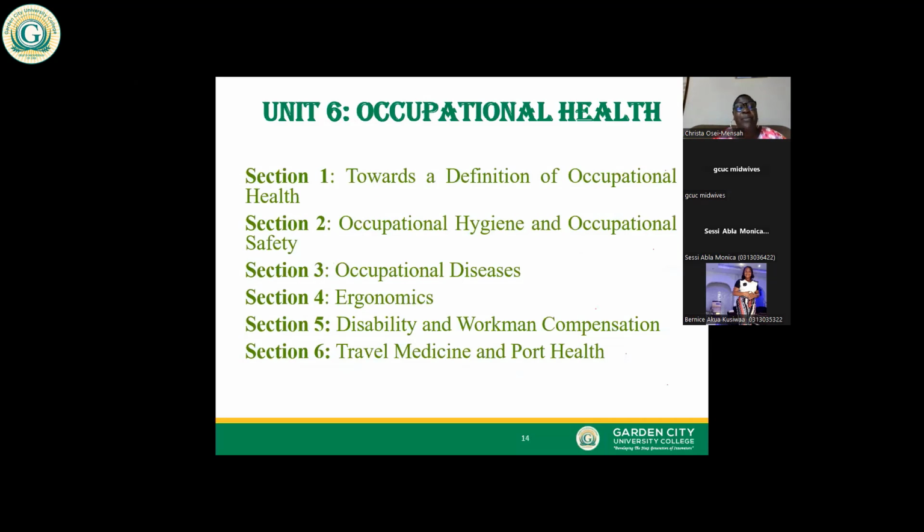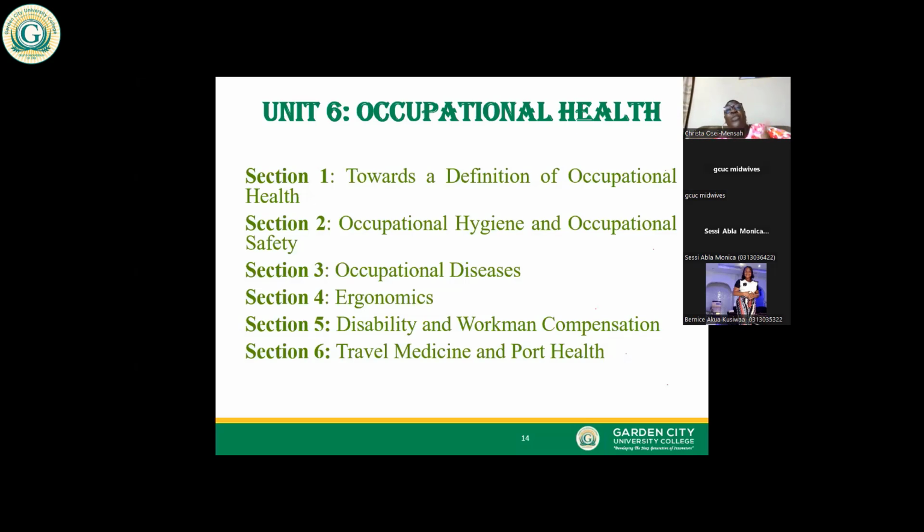And finally, we will look at occupational health, where we will discuss occupational hygiene and safety, occupational disease, ergonomics, disability and workman's compensation, and then travel medicine, and then sports health.